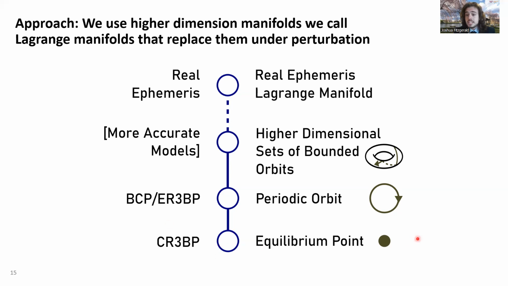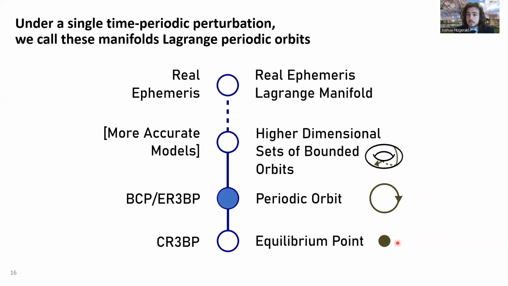So we foresee a hierarchy of increasingly topologically complicated Lagrange manifolds that result as your models get closer and closer to the real ephemeris. But we're going to take the first step and just say, okay, our zero-dimensional Lagrange point has bifurcated to a one-dimensional Lagrange periodic orbit under a single time periodic perturbation.